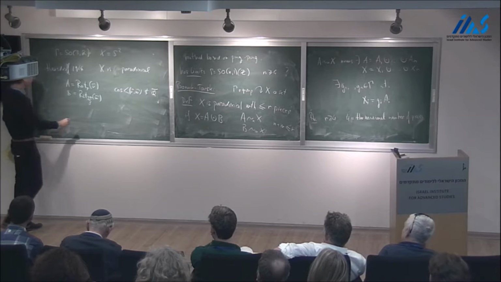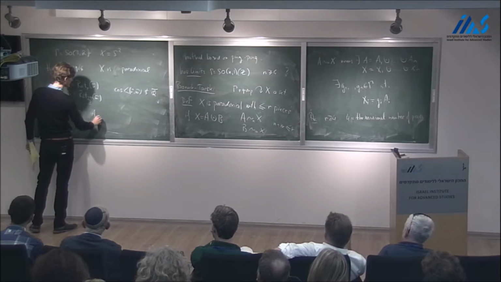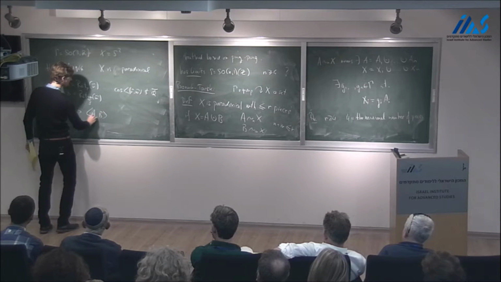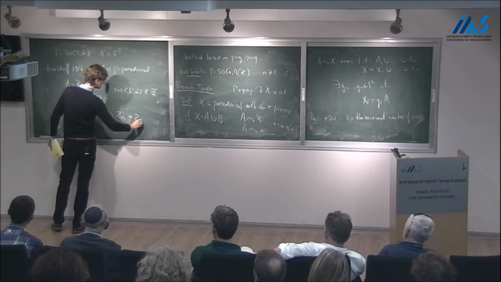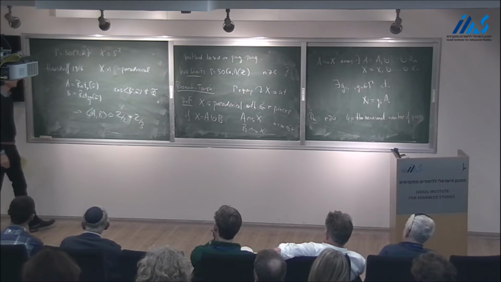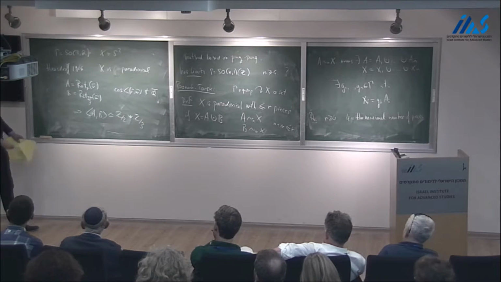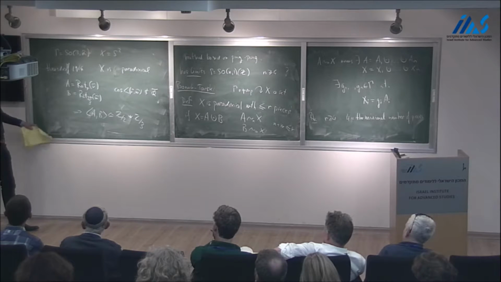Then he shows that the group generated by A and B is isomorphic to Z/2 free product Z/3. He did this just by computing the product.